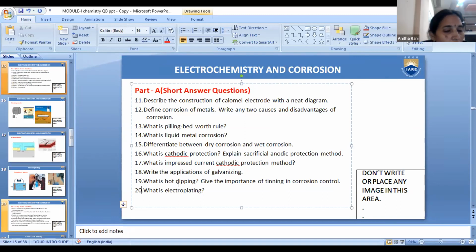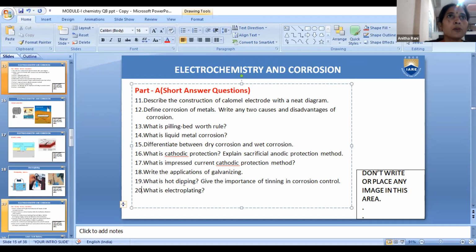Students, what is meant by hot dipping? We dip the metal into liquid zinc or a more active element, so that it sacrifices itself and saves the base metal. Hot dipping process means we are dipping a base metal into the molten coating metal.